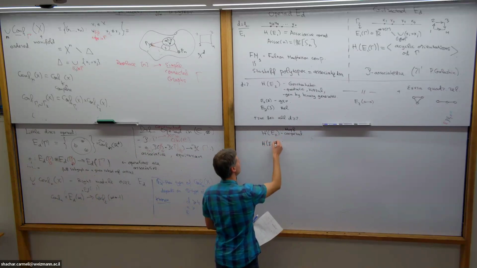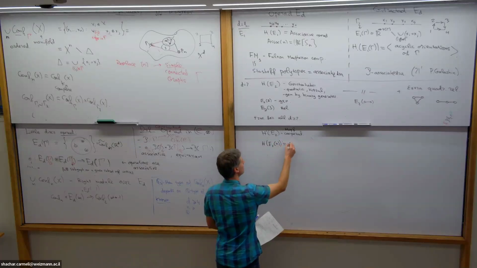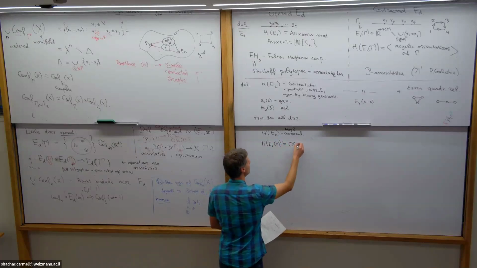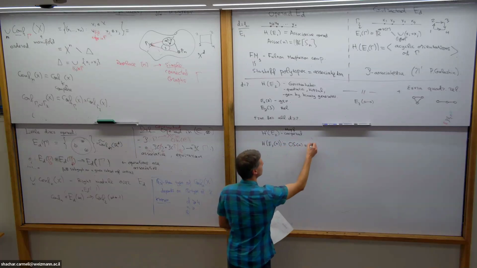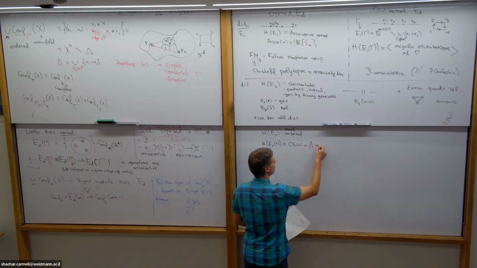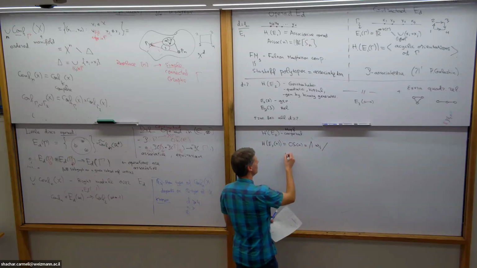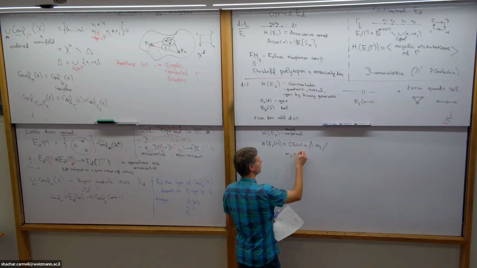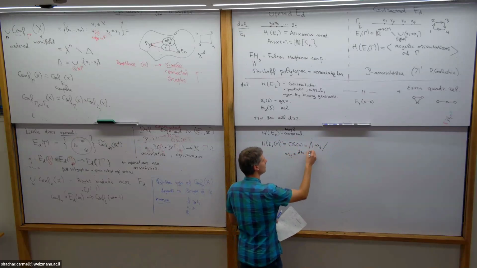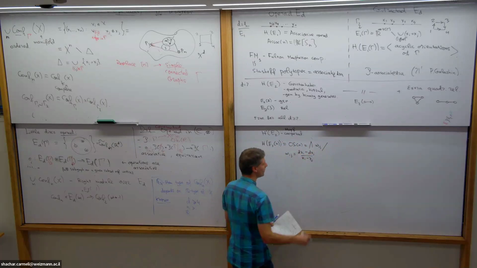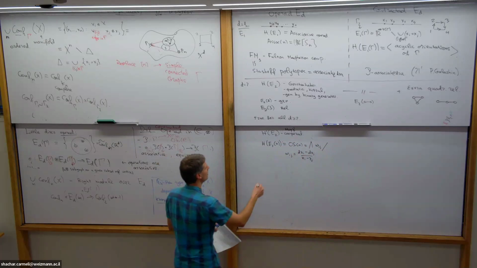Now this contractad, H of E2 of n, is the so-called Orlik-Solomon algebra. It is generated by omega ij, so you have a very nice representative for the homology.